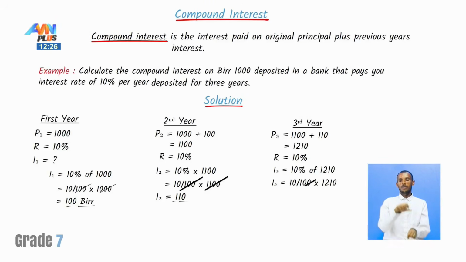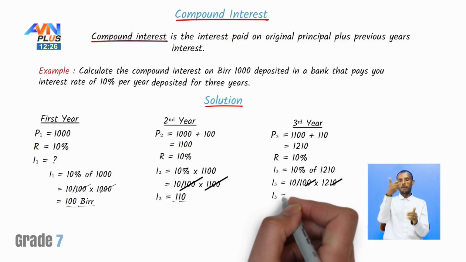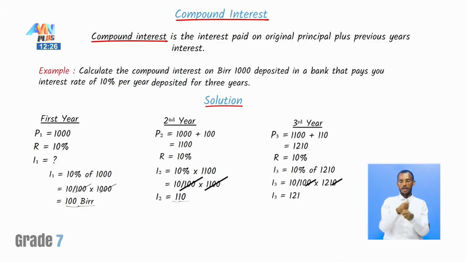This is the money that gives you an interest for the third period. The rate is constant, 10%. And I can calculate the third year's interest. It is 10% of 1,210.